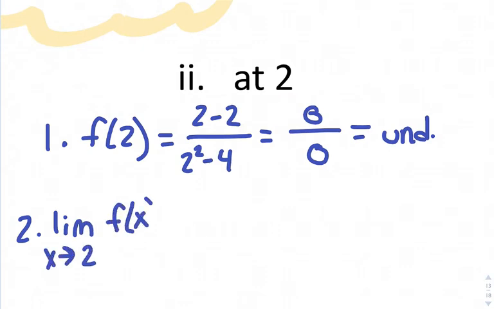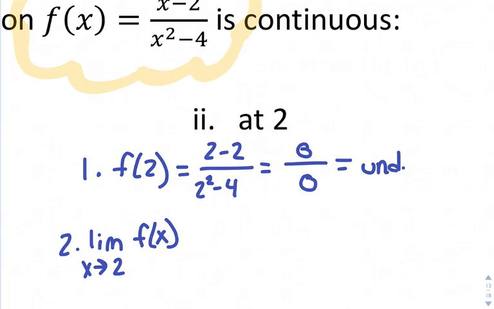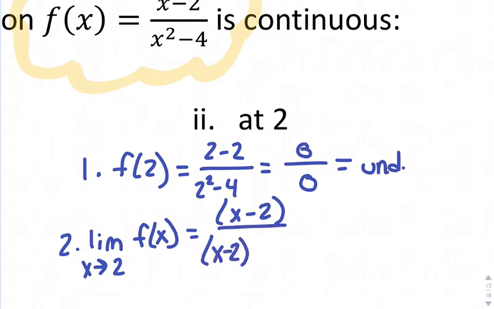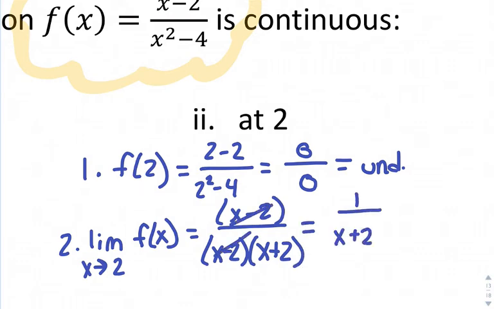So here, since I plugged in 2 and I get a 0 in the denominator, I'm going to factor it. So on top, I can't factor that. On the bottom, though, it is a difference of squares. So I could do x minus 2 times x plus 2. That cancels. I'm left with 1 over x plus 2. Then I'm going to plug in what x is approaching, so 1 over 2 plus 2, and I get 1 over 4.